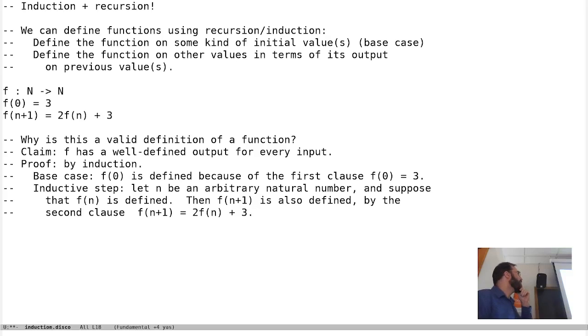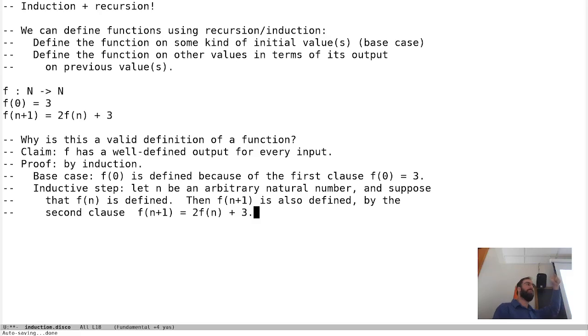So I wrote this out just to formally make the connection between induction and recursion. If you write down a recursive function in Disco, you don't have to write this whole thing. We could do the same reasoning, a little more concisely, by just saying, look, it's defined for 0, and every time we try to figure out what f of some number is, it calls f again, but with the argument that's one smaller.